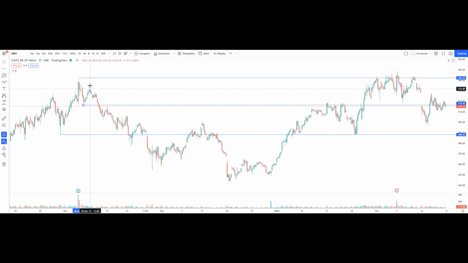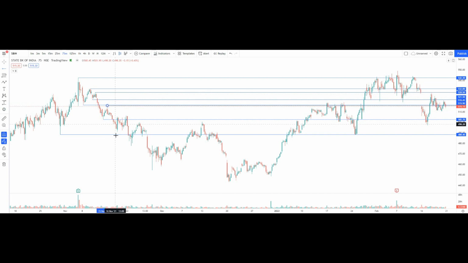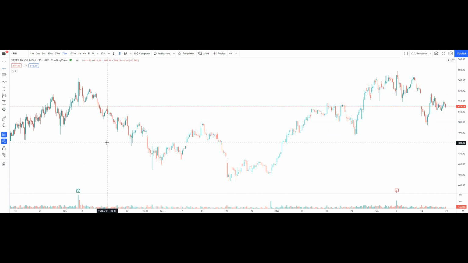These are also swing highs and swing lows. There is a swing low, there is a swing high, there is a swing low, swing high. Then again a swing low here, swing high here. So there are multiple swing lows and swing highs, but we have to identify which is a major swing high and which is a minor swing high. This we will cover in detail at a later point of time.